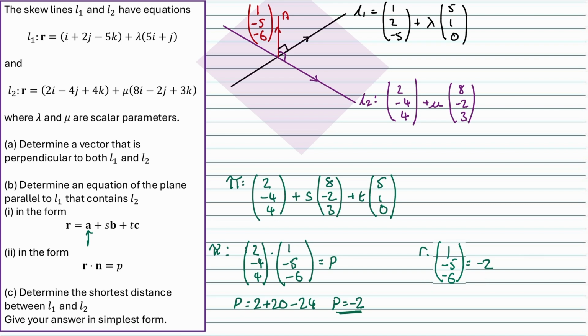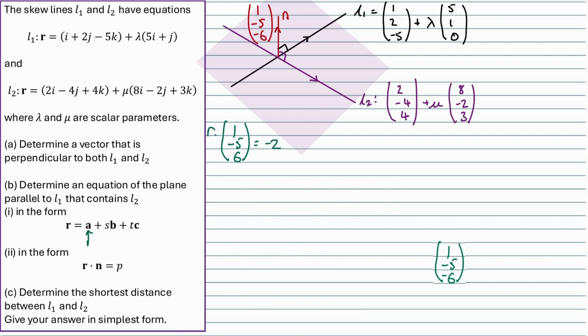In part C, determine the shortest distance between L1 and L2, giving your answer in the simplest form. So we know that L1 runs parallel and above L2 because L1 and L2 are skew lines. If we look at this two-dimensionally, we've got the plane, I'll label this as pi, and then running above and parallel to the plane, we've got the line L1.